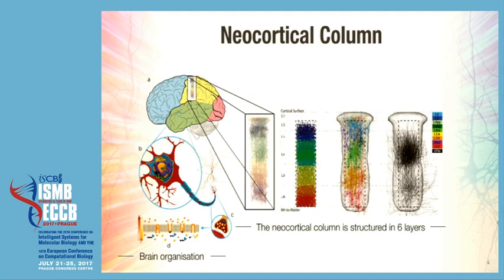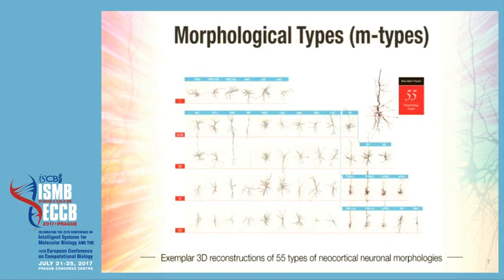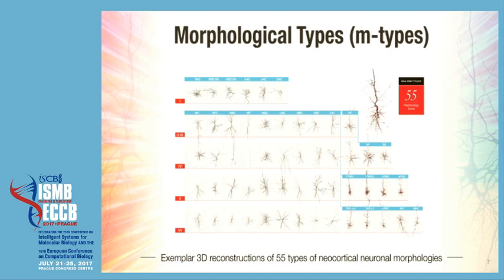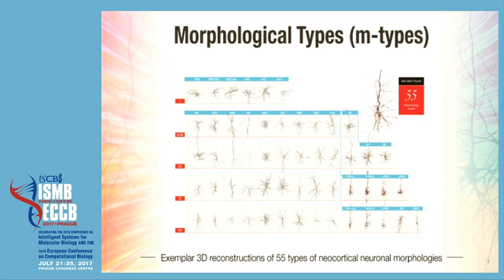Our mission is to build a model of this column as a prototype or principle. We have reconstructed 55 different morphological types from the somatosensory cortex of a 2-week-old rat, and we found all the different morphological structures that we can integrate into this model.